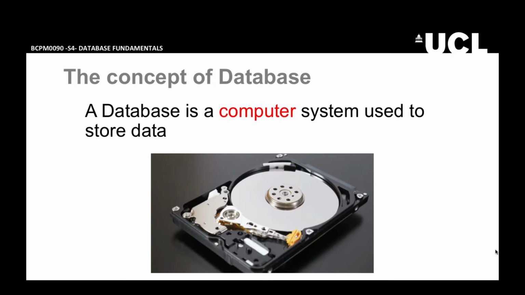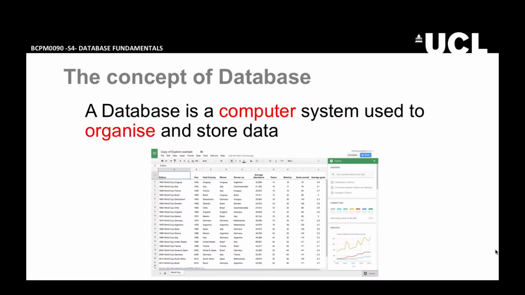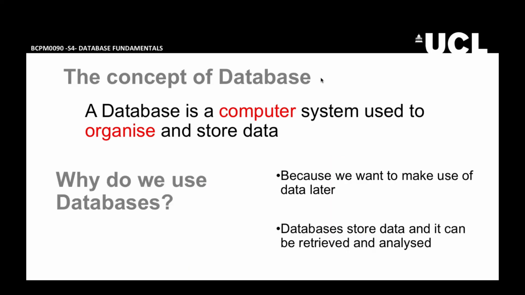So we are close, but still we need to complete the definition. We should include that the computer system is going to be employed not only to store data, but also to organize this data in some way. So you can see now that this definition is much better and it fits pretty well with a spreadsheet, which is a simple example for a database.